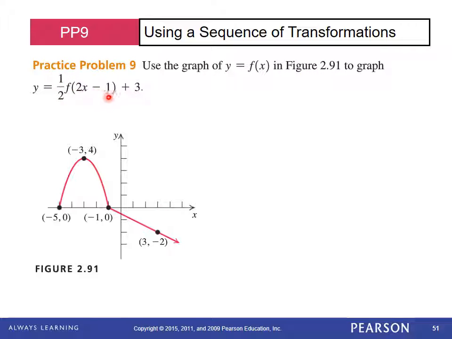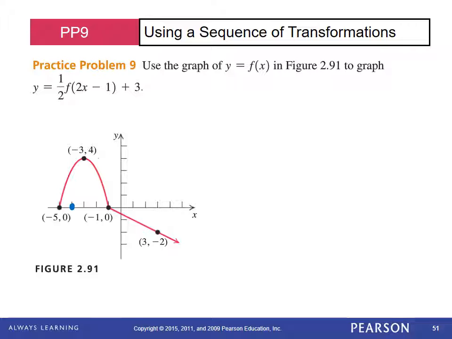So 1/2 f of 2x. First thing I'm going to worry about is this little minus 1 right here. All right, that minus 1 does what? Moves everything to the right 1 unit, okay, so let's put in some dots here. So everything gets moved over to the right.